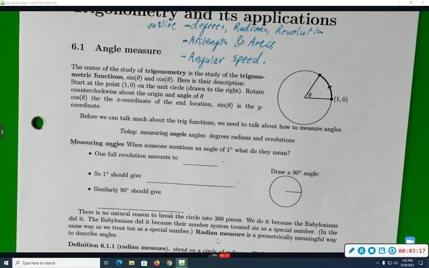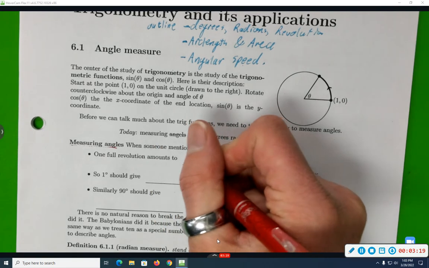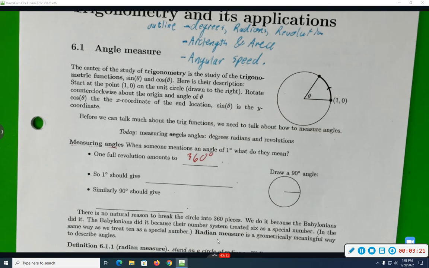One full rotation is set to be 360 degrees. So what should an angle of 1 degree mean? It's just like 1/360th of that. Yeah, and that's all. That's what a degree is.